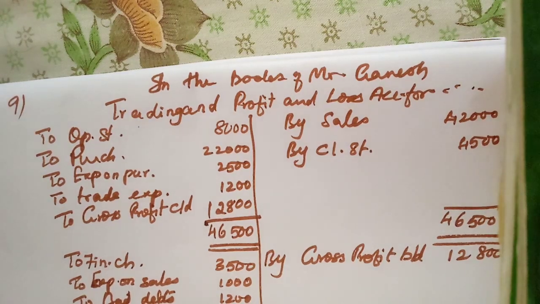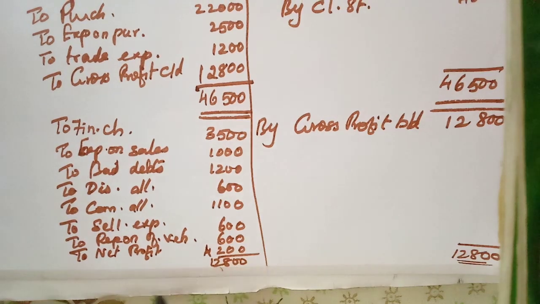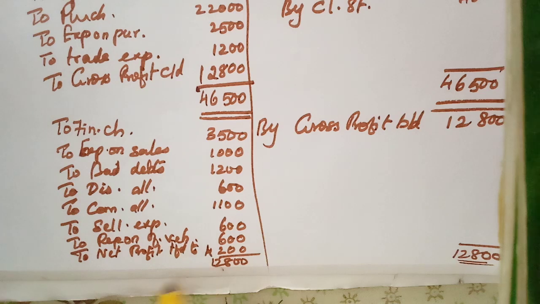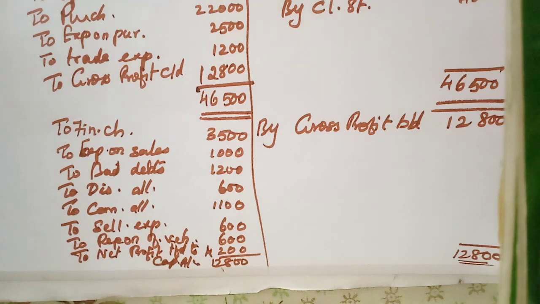To net profit, sorry, not able to see, isn't it? Net profit transferred to capital account. Okay, 4,200. So we have completed the trading and profit and loss account.